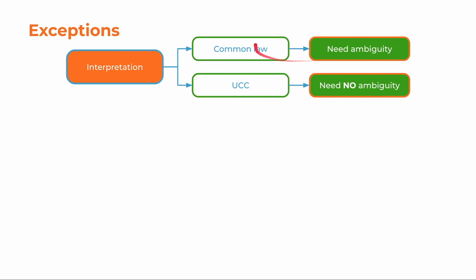Now, one thing to note here: when we are finding an ambiguity in a common law context, we are asking ourselves, is there an ambiguity? Remember there were two approaches to determining whether there was an integration, a modern approach and a classic approach. The same is true when a court looks to determine if the terms of the contract are ambiguous. If you're in a classic jurisdiction, they would only look at the written agreement itself to say, is it ambiguous?